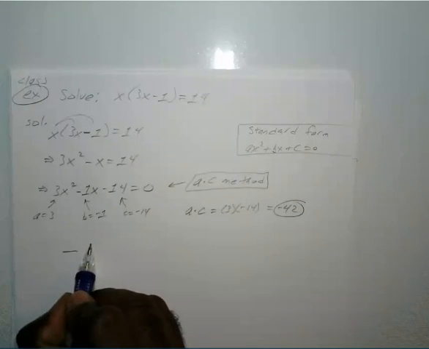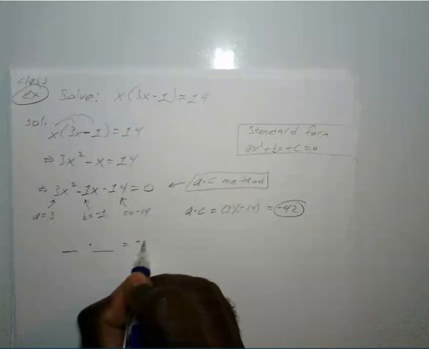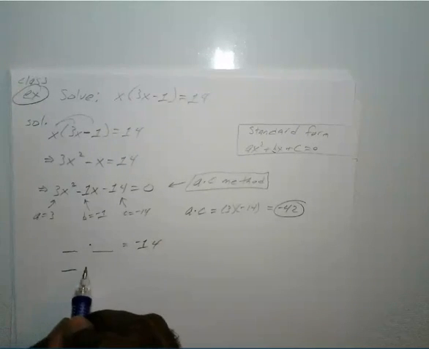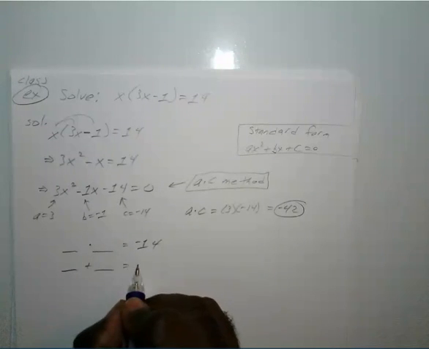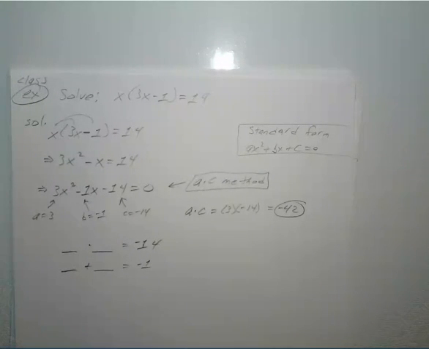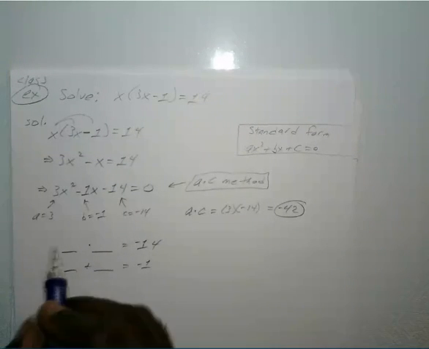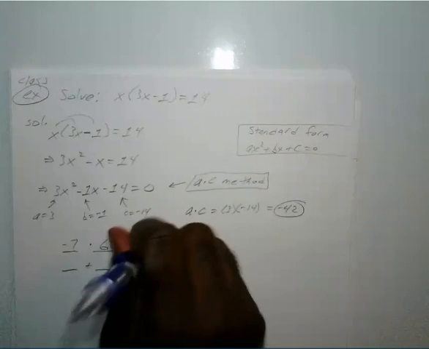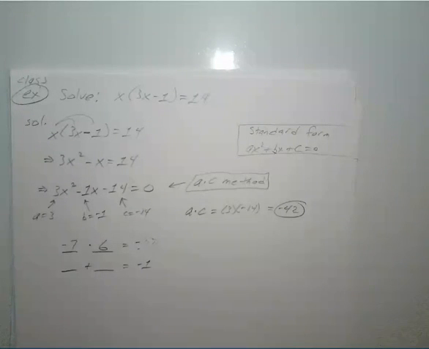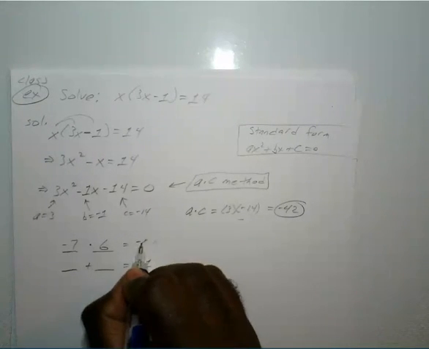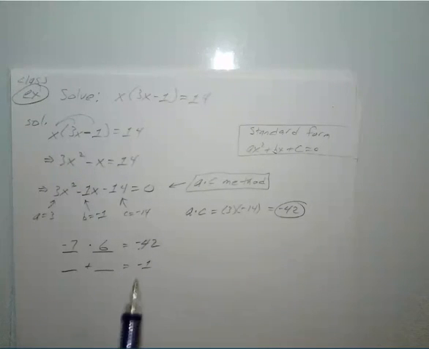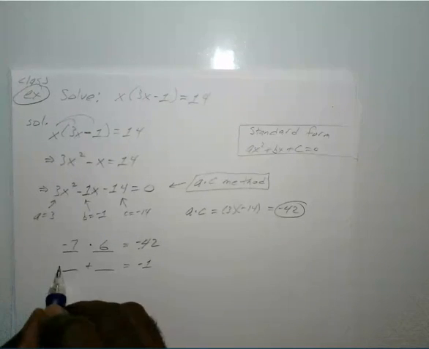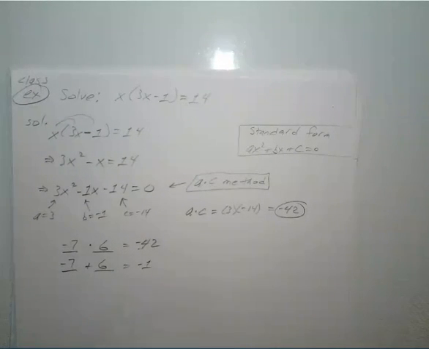So for the a times c method, we have to find two numbers that multiply to equal negative 42 and add to equal our b, which is negative 1. Sorry about that, I mistakenly said 14 earlier. In this case, negative 7 and positive 6 work. And negative 7 plus 6 is negative 1.